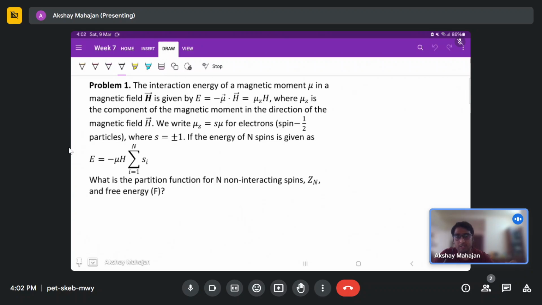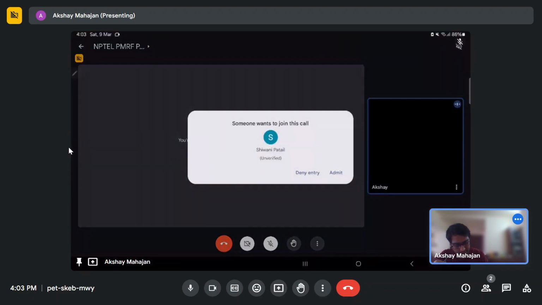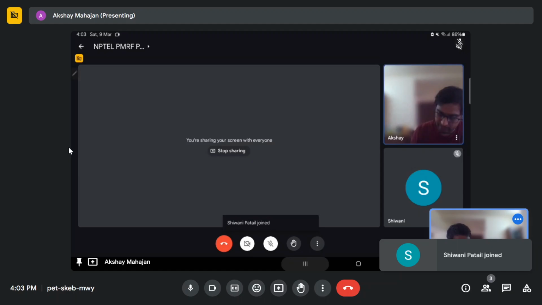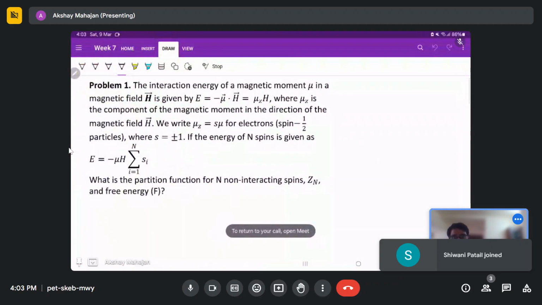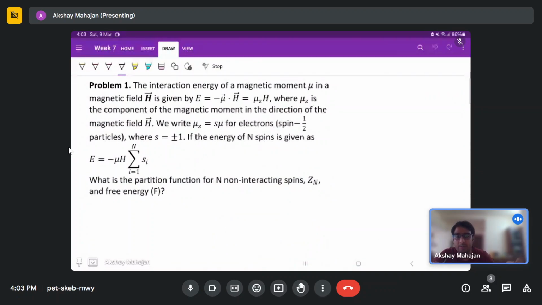So that will be the component of the magnetic moment in the direction of the H vector, and here mu z is given to us as S times mu for electrons, and we are taking the value as plus minus 1 here for S. And if we have n such spins, then we can just write the energy as this summation, minus mu H summation of i equals 1 to capital N S_i.